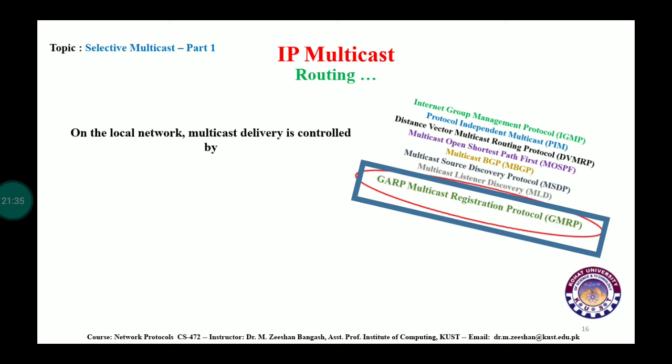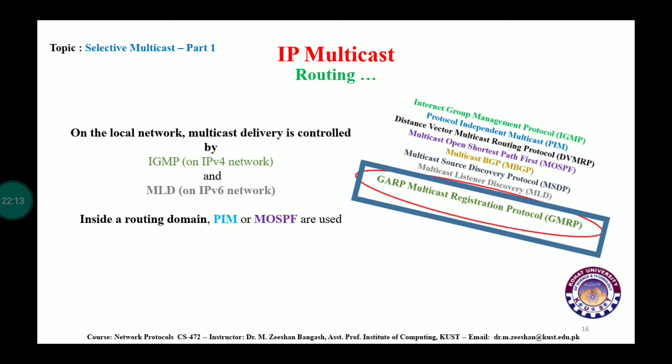However, on local networks, multicast delivery is controlled by IGMP, and it is specific to IP version 4 traffic. So for LAN, the controlling of multicast is through IGMP, and for IP version 6, the MLD protocol, which is the multicast listener discovery protocol, is used for controlling multicast delivery.